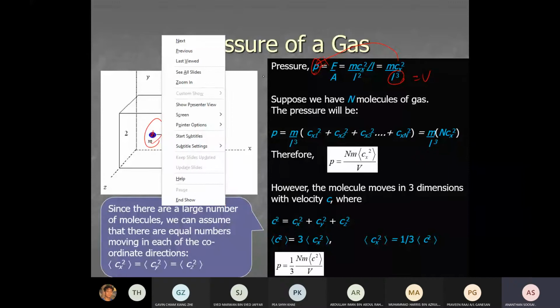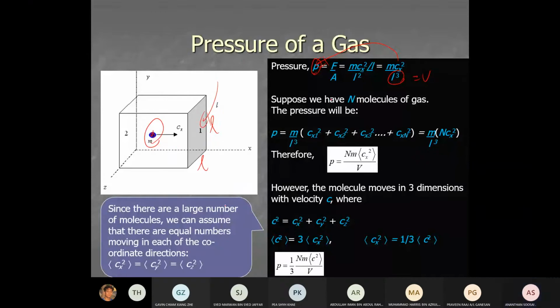Okay. Now let's go for a more practical solution. Suppose we have N molecules. Let's say one container does not only have one molecule, it can have lots of N molecules. So for all N molecules of gas, what is the total pressure exerted on this wall? So what do you do?